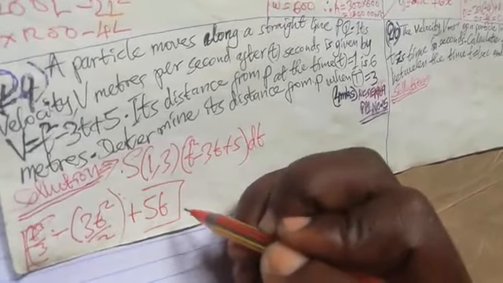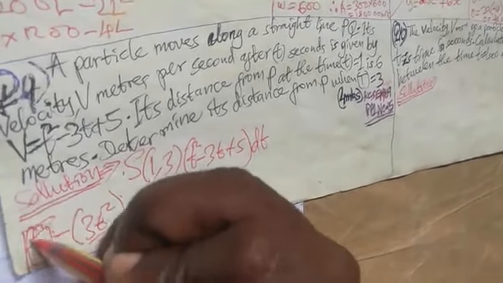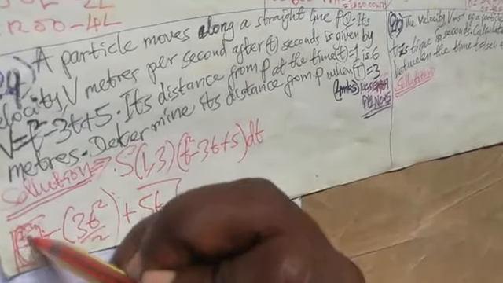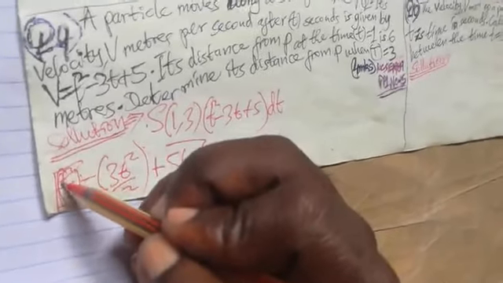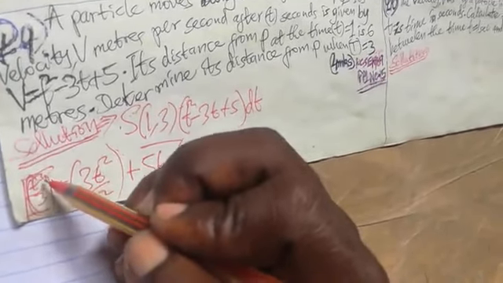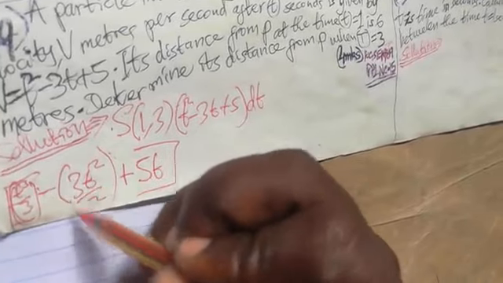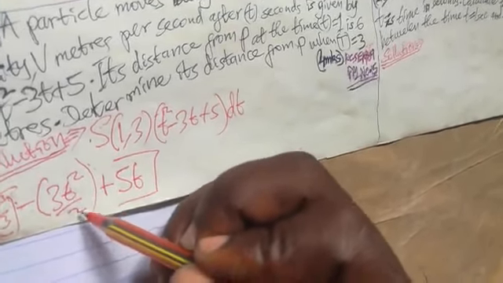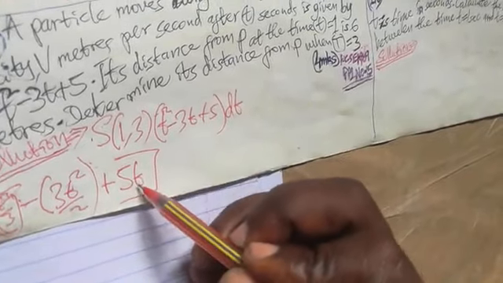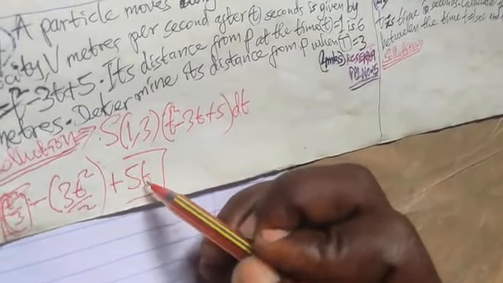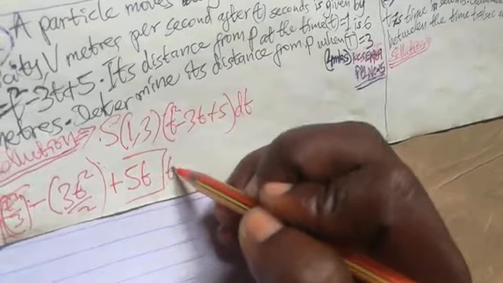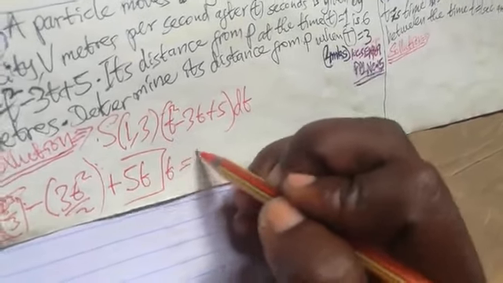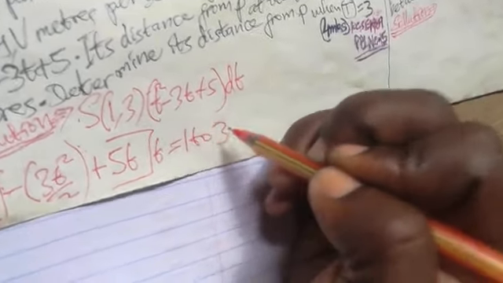This is under bracket, this is also under bracket. Remember, this is t power 3 over 3 minus brackets 3t squared over 2 plus 5t, then evaluated from t is equal to 1 to 3.